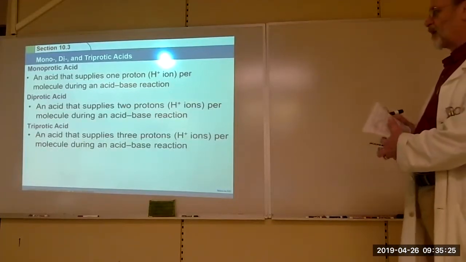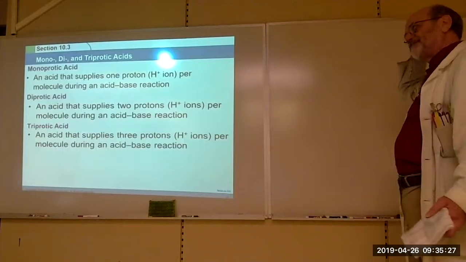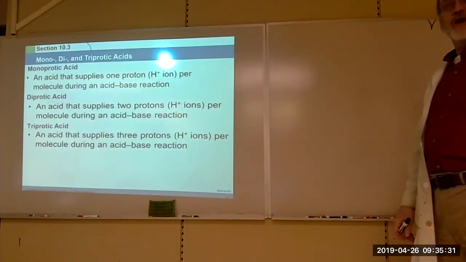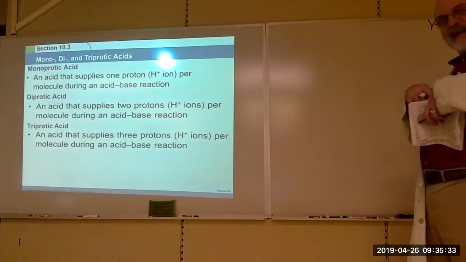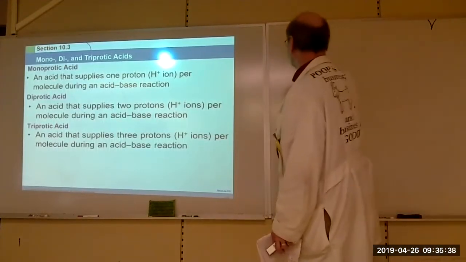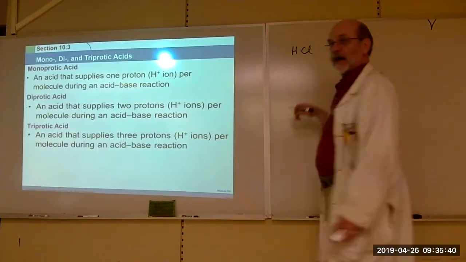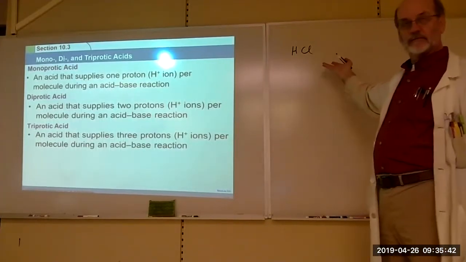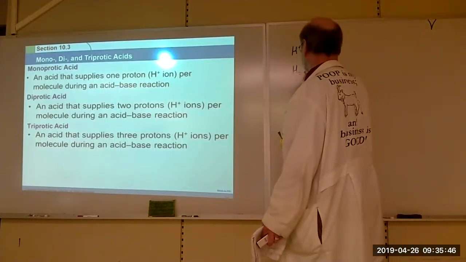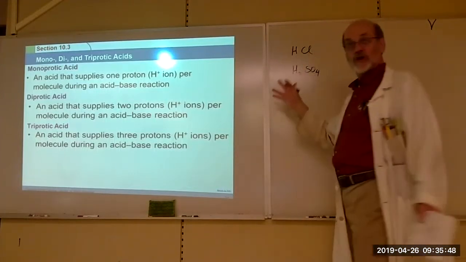Okay, monoprotic, diprotic, triprotic. This just tells you how many protons are available from an acid. Monoprotic, example, hydrochloric acid. It's only got one proton. Diprotic, sulfuric acid, it's got 2 protons.